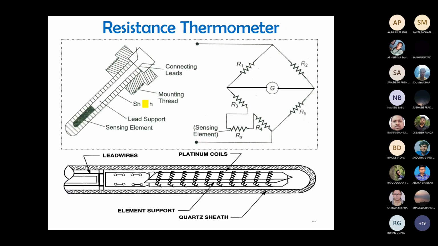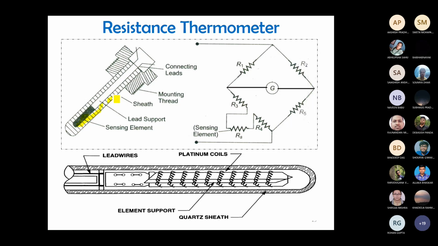First, the resistance thermometer. Here you can see the sensing element, and the lead support is there.